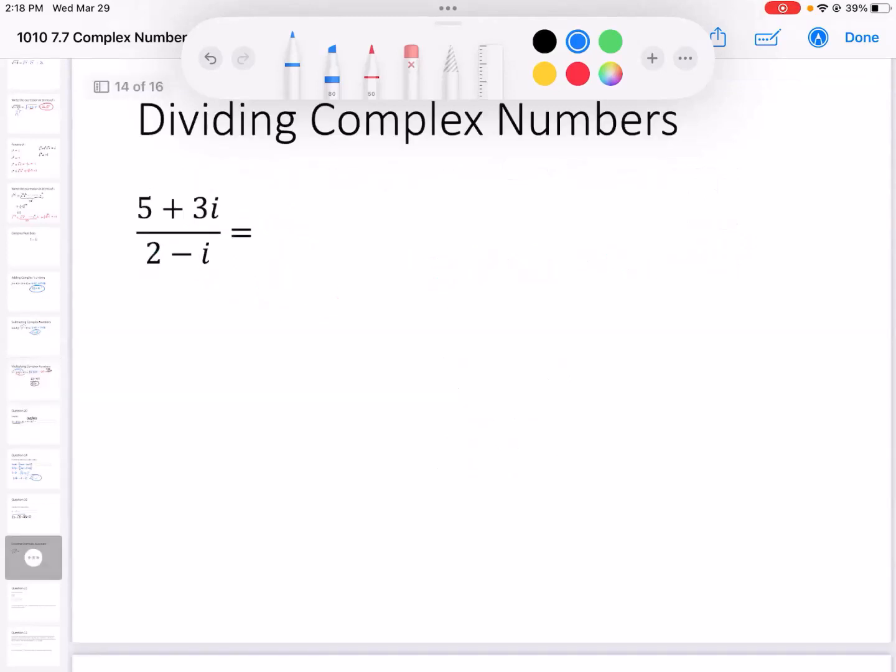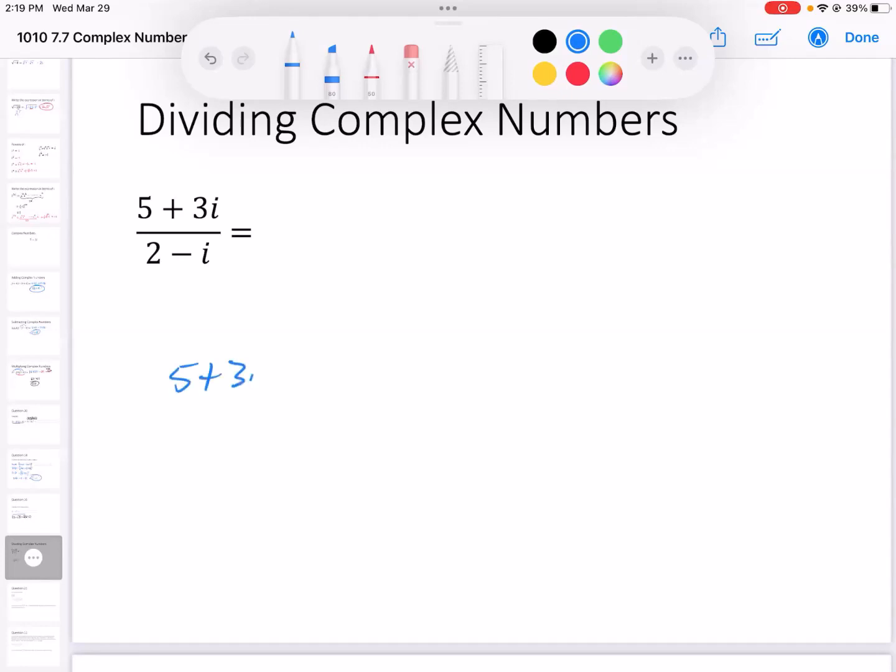So the last thing we need to talk about is dividing complex numbers. We've learned how to add, multiply, and subtract. If we have a complex number divided by another complex number, the way that you simplify it is not really by thinking about it as division. Instead, we're going to think about it as if we were rationalizing the denominator. Because remember, i is the square root of -1.